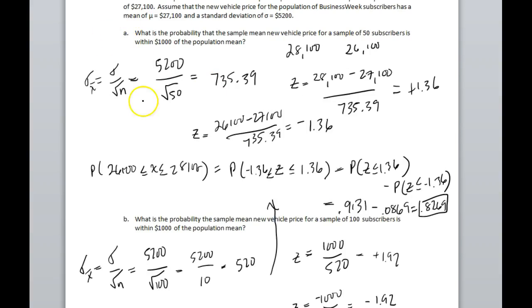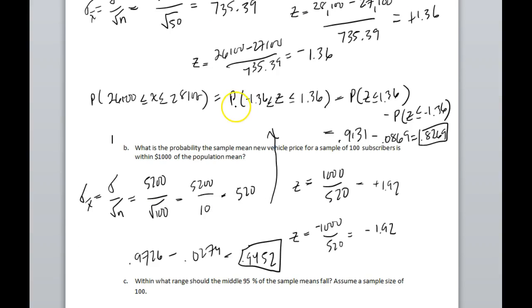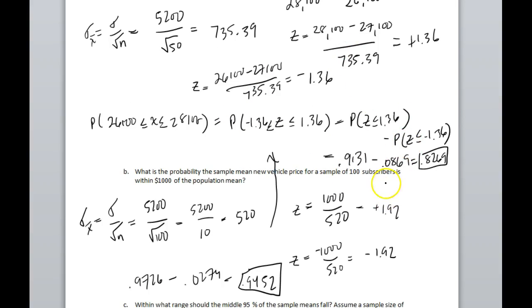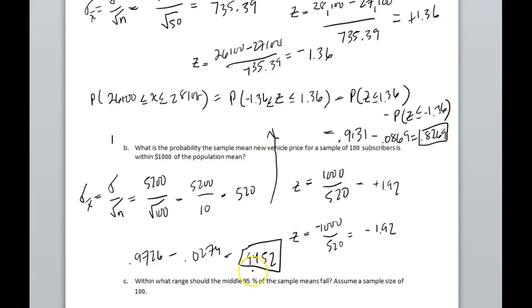We have a sample of 50 in A, and we have roughly an 83% chance that our sample mean is going to be within 1,000 of the mu, 1,000 of our 27,100. Okay, we increase the sample size to 100, so we double the sample size, and look how much accuracy we get.